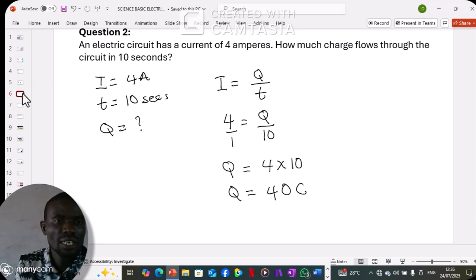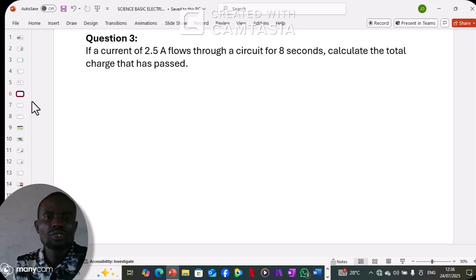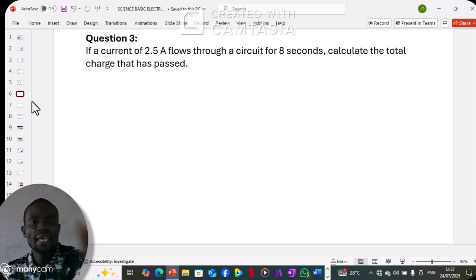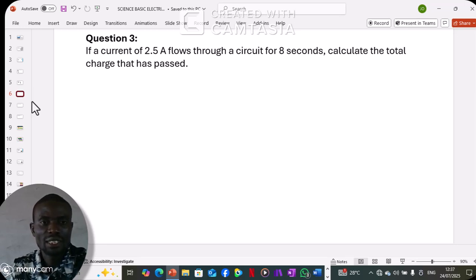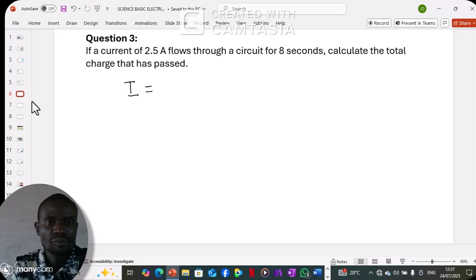Then the next one: if a current of 2.5 amperes flows through a circuit for 8 seconds, calculate the total charge that has passed. So I is 2.5, so current is 2.5 amperes. The time taken, T, is 8 seconds.